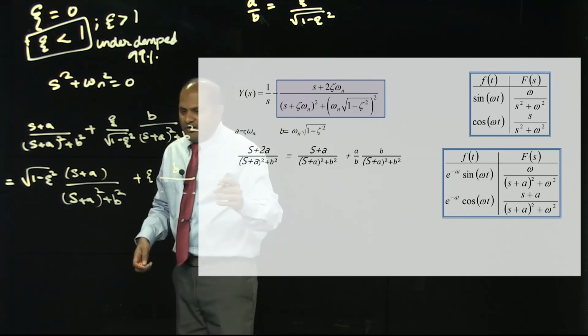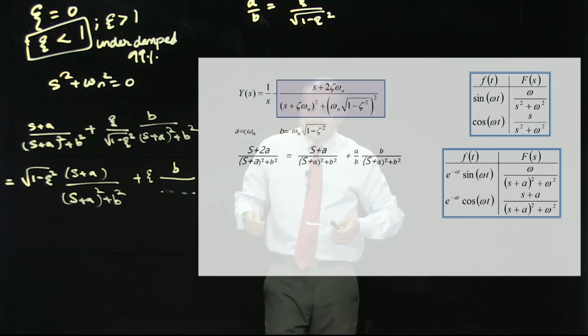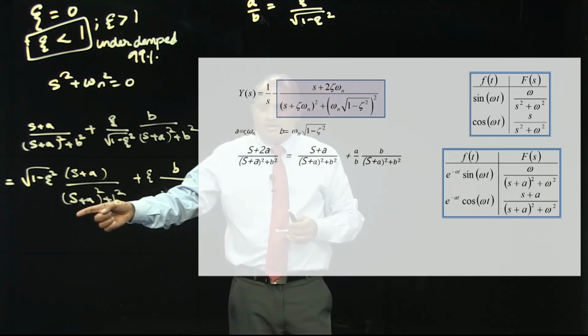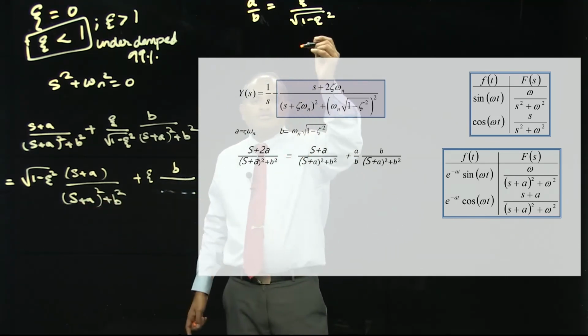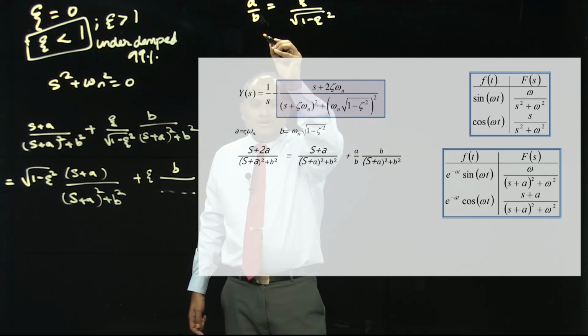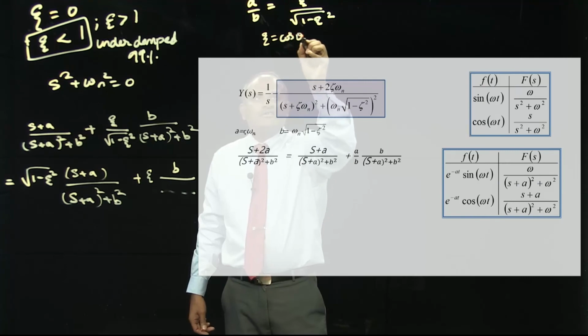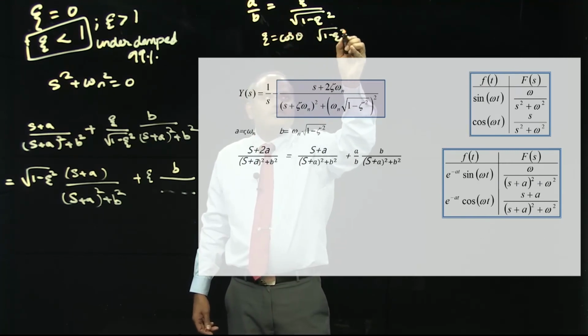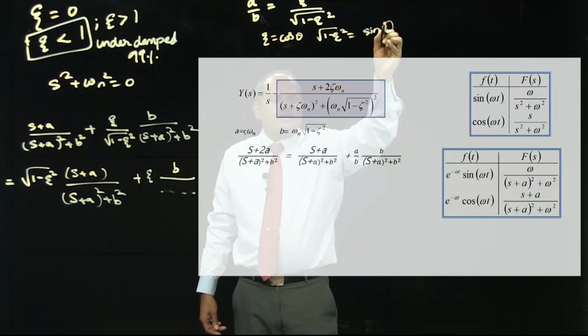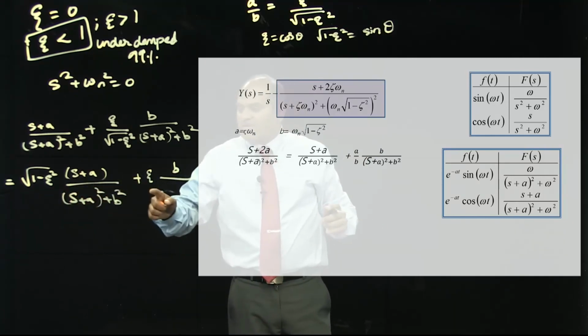By doing this, I define eta is equal to cos theta. So, root of 1 minus eta square is equal to sin theta. So, I can write sin theta cos theta.